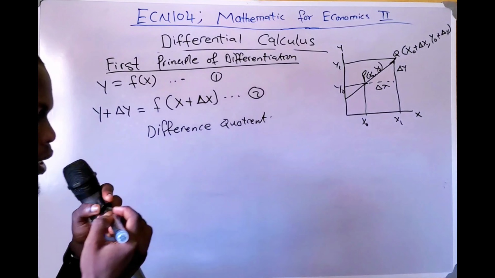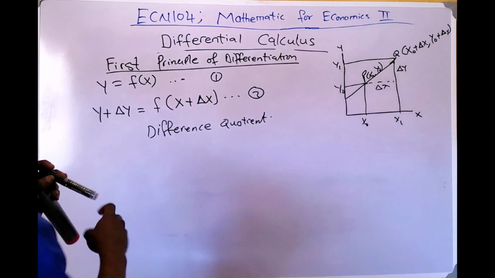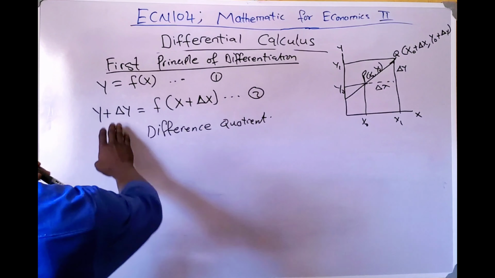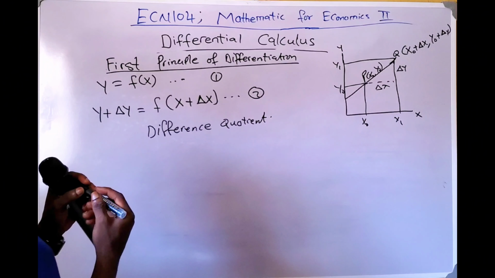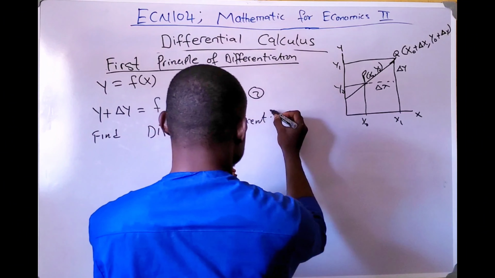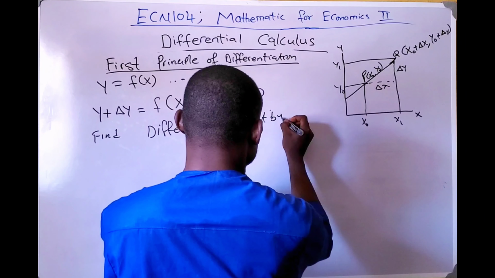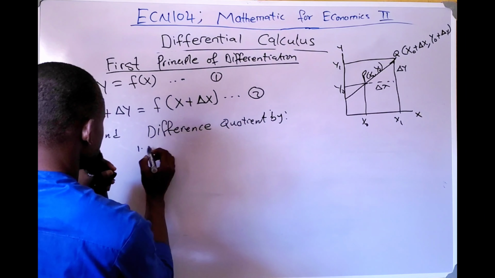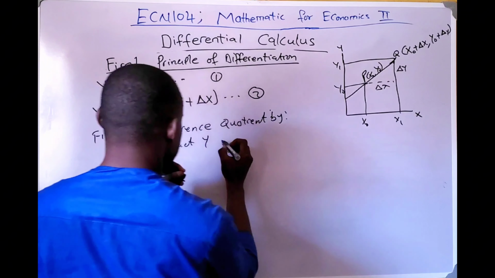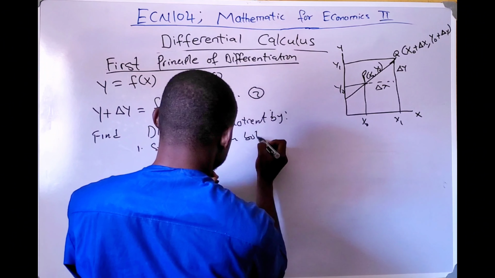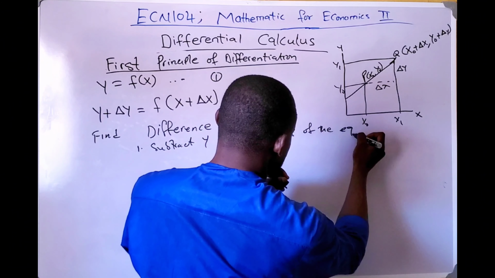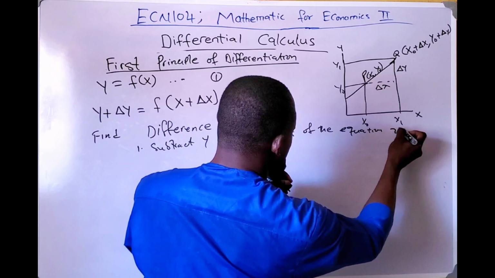So to get to the point of finding our difference quotient, what we do here is subtract y from both sides of equation 2.